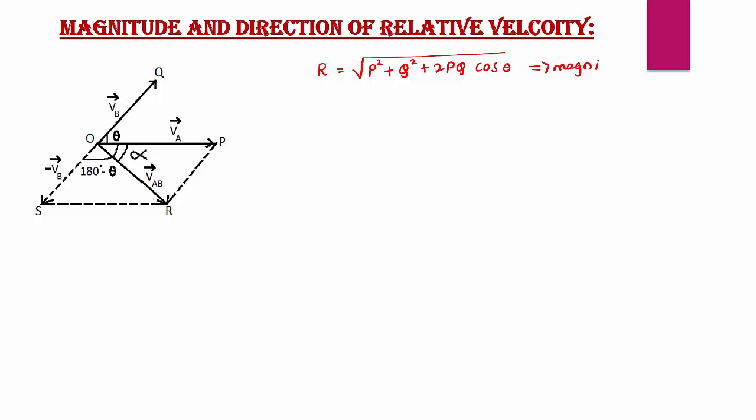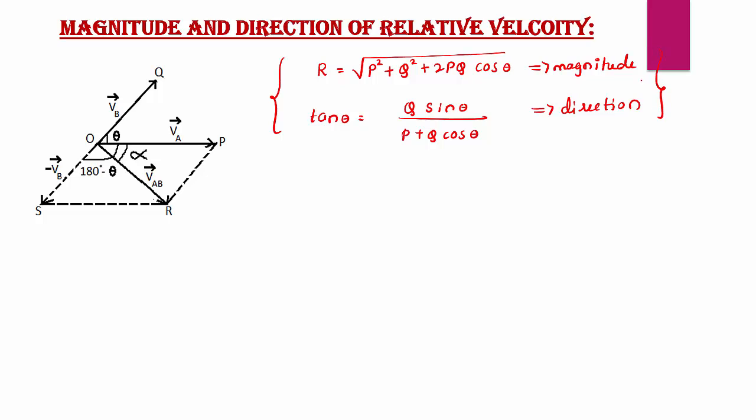Similarly, we derived the direction of two vectors. You can remember tan theta equal to q sin theta divided by p plus q cos theta. This expression also we already derived, so that gives direction. Now I am going to use these two equations to find the magnitude and direction of relative velocity.